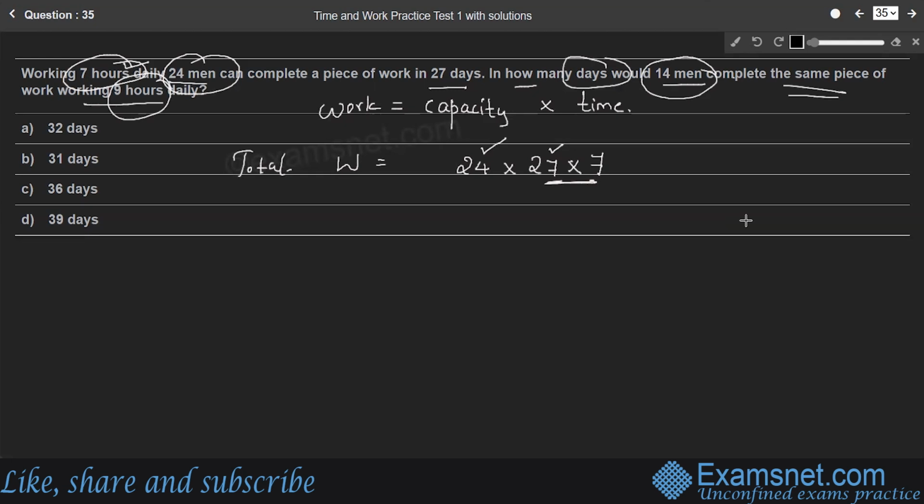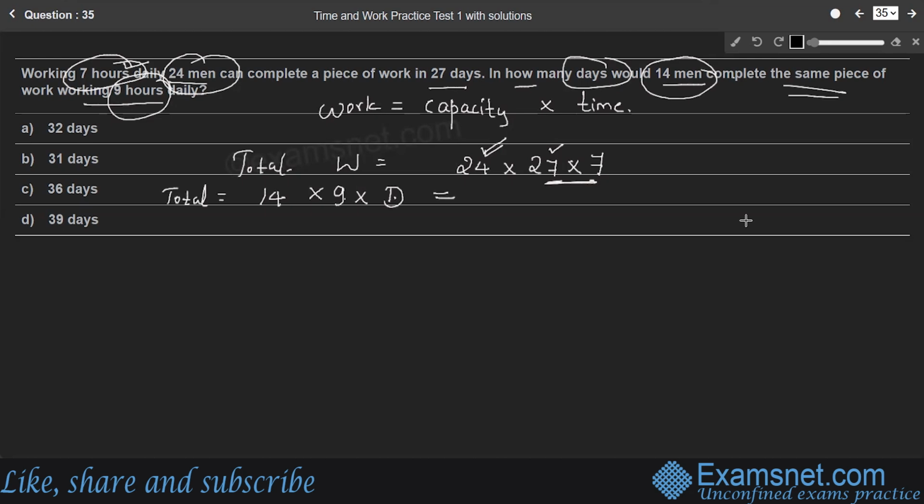Therefore, we can equate this 24 into 27 into 7, which is total work, with 14 men, right? How many hours they work per day? 9 hours into number of days, let it be D, right? So this gives the total work done by 14 men, right?